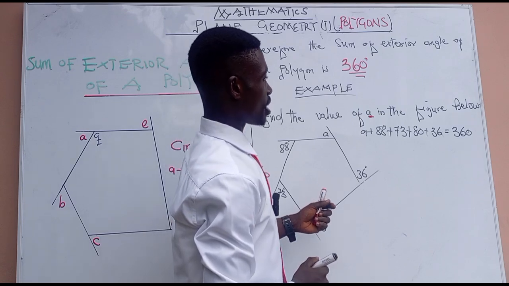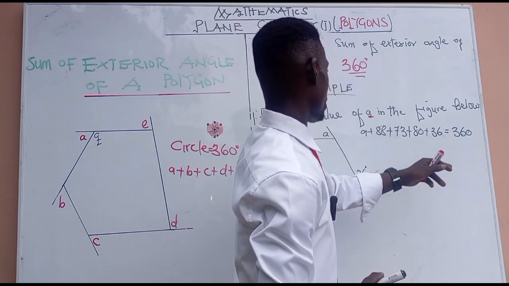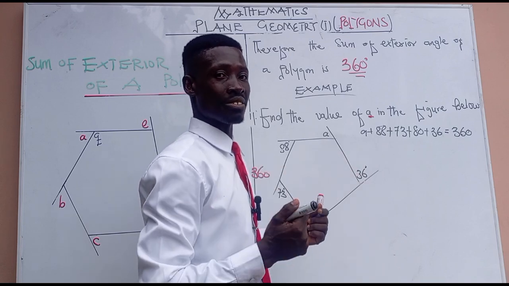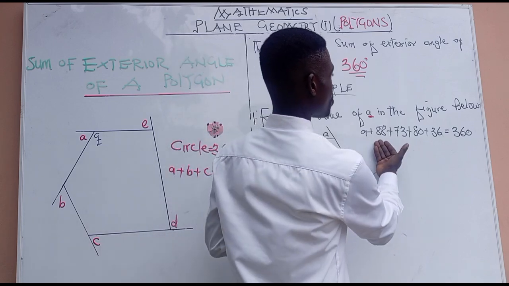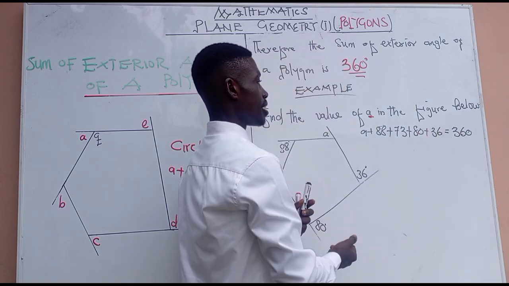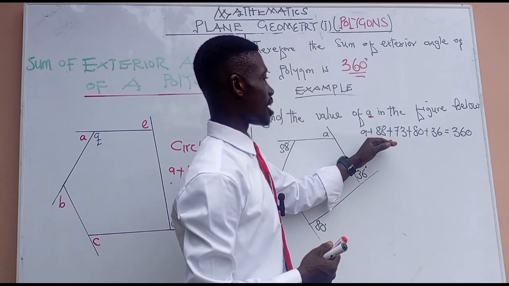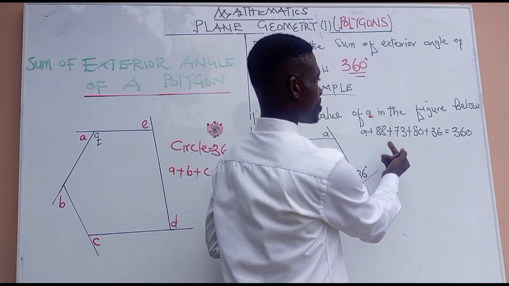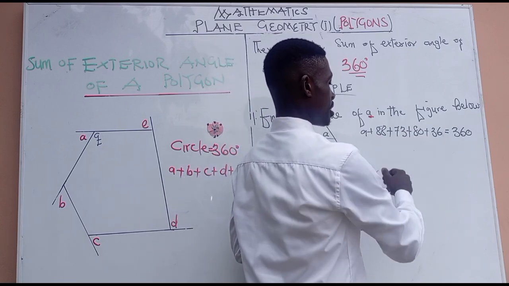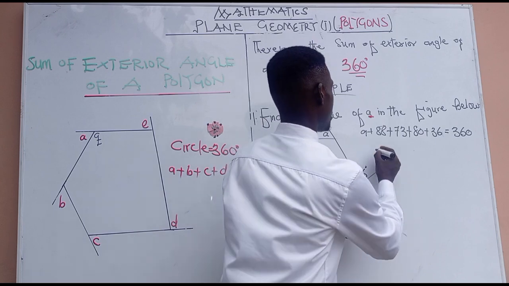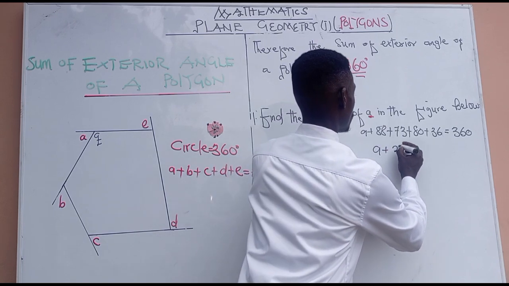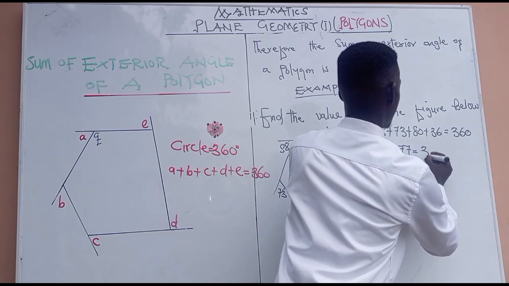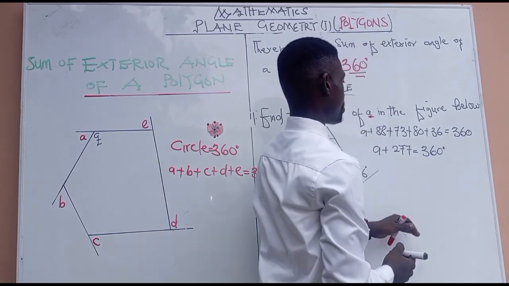Now we are looking for the value of A. 1, 2, 3, 4, 5. Always count to see if you have not left some behind. So we are going to perform a basic algebra here. Now what we are going to do is that we are going to sum all of this together. Now 88 plus 73 plus 80 plus 36 is going to give us 277, and that is equal to 360 degrees.